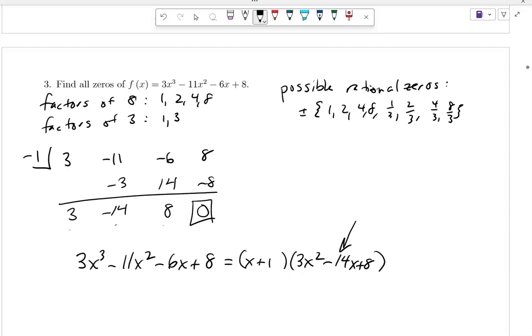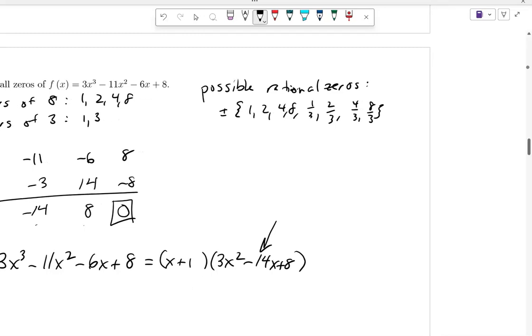Quadratic formula, right? Your goal in these problems is to get down to a quadratic so that you can either factor or use the quadratic formula every single time. This does factor, but just a reminder about the quadratic formula: if you've got 3x squared minus 14x plus 8 equals 0, what does x equal again?